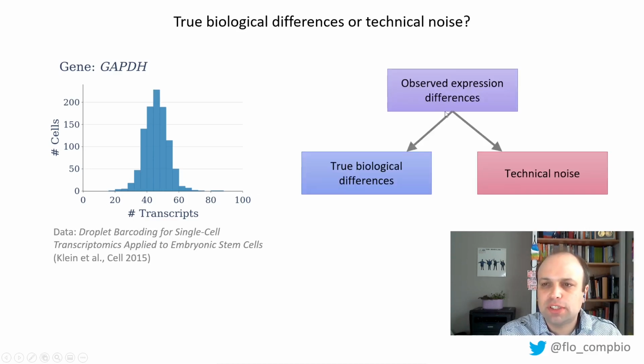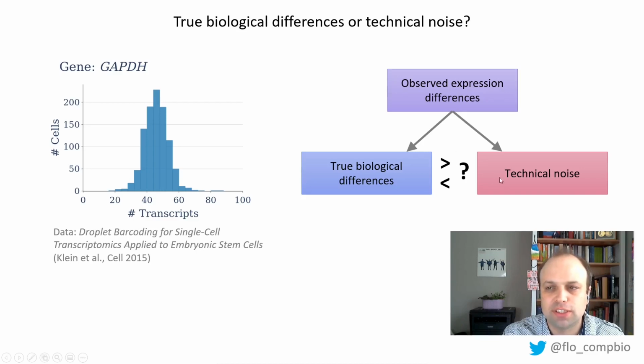So what's important to understand is that in a real single-cell RNA-seq experiment from some tissue, whatever expression differences we observe, some of those differences are because the cells actually have true expression differences. They actually express different levels of genes. But they can also be due to technical noise, like we've seen here in this experiment. And often it's not even clear which of these sources contributes more to what you observe.